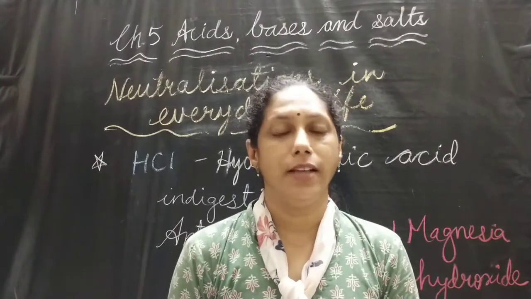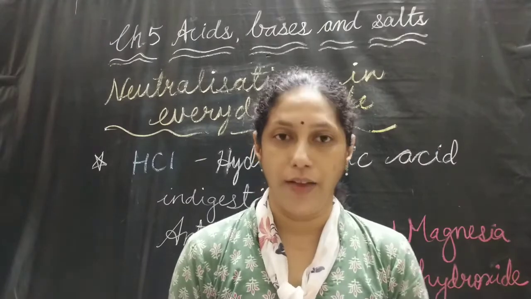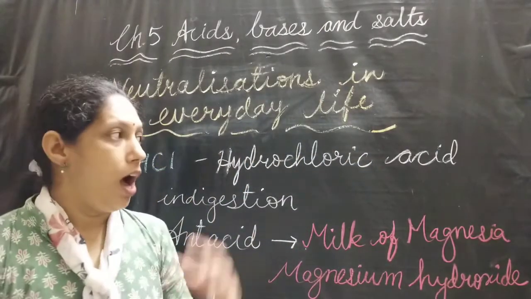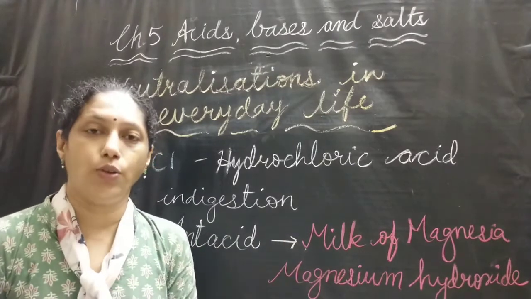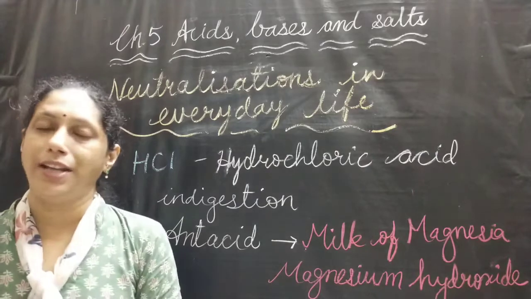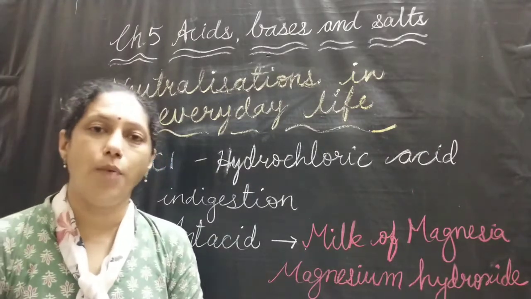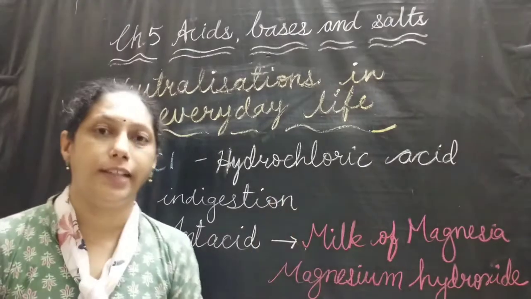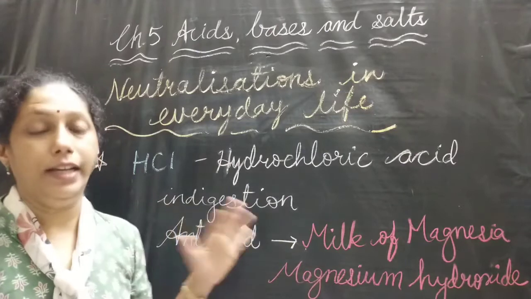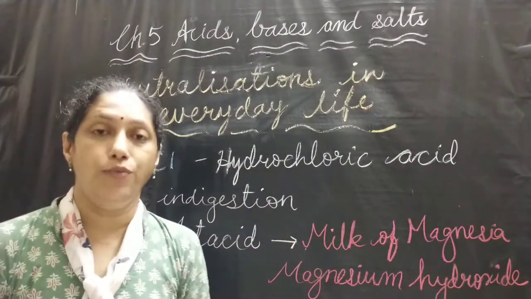Neutralization occurs in our daily lives also. We will see some examples of neutralization occurring in our daily life. The first example is hydrochloric acid. Our stomach secretes hydrochloric acid, and that acid is needed for the digestion of food. But when an excessive amount of hydrochloric acid is secreted, it causes indigestion, and this indigestion is very painful.